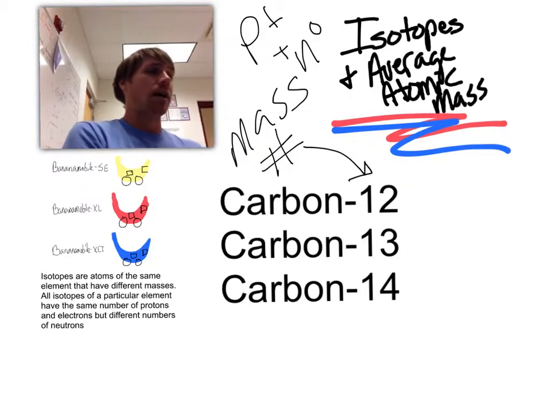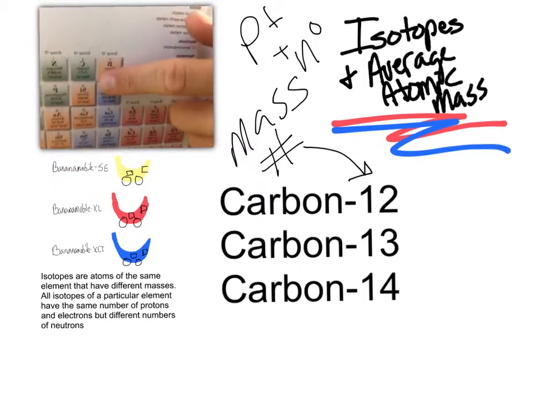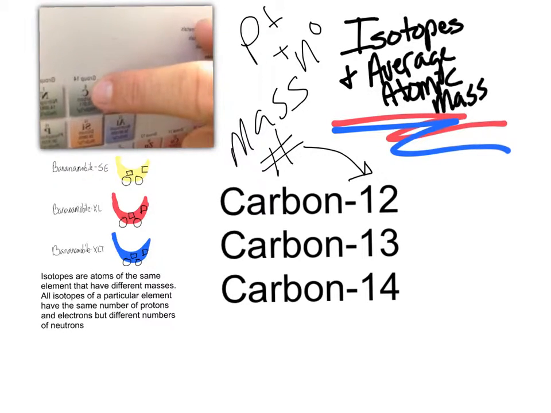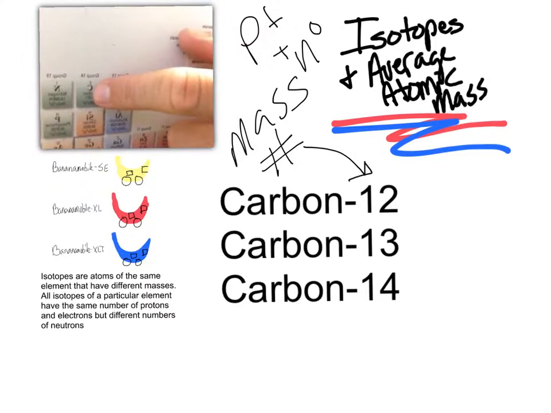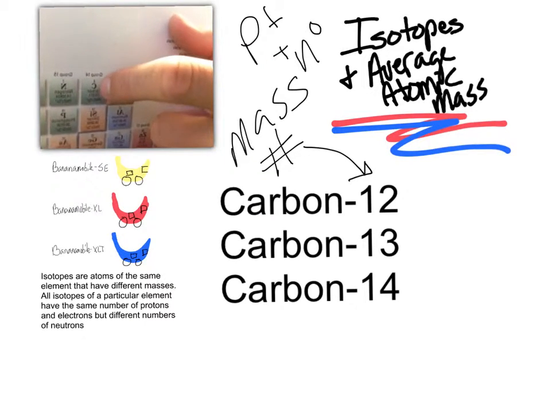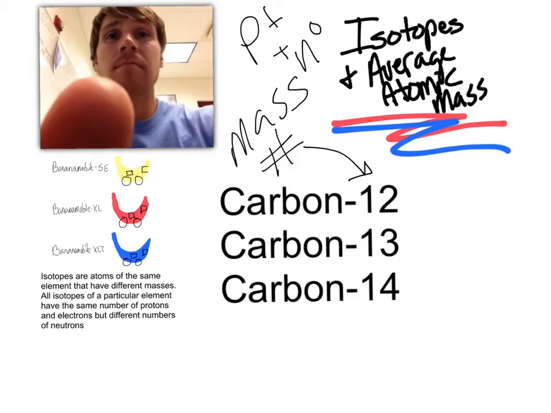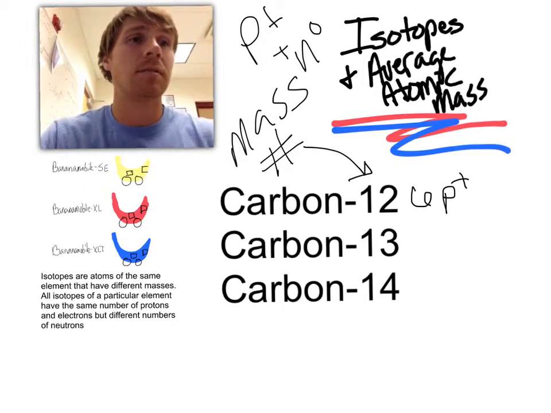The reason we know that is if you look at your periodic table, I'm going to show you this one up real close so you can see it. Carbon's right here. I know this kind of looks backwards, but if you look really close, that's a number 6, right? There's a 5, 6, 7. Carbon is number 6, which means that carbon has 6 protons.